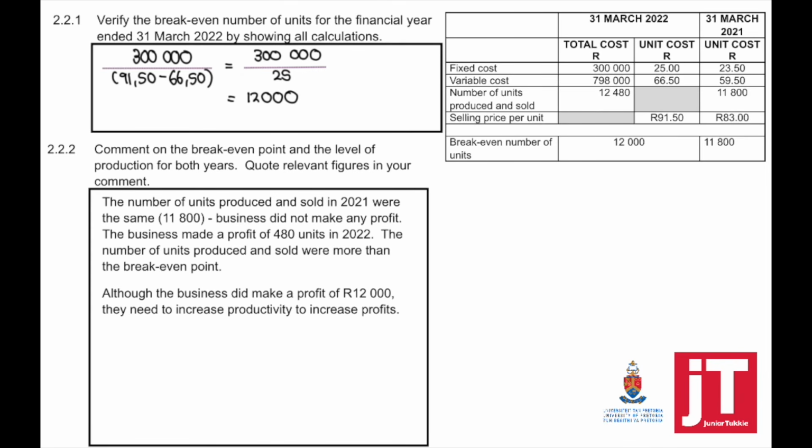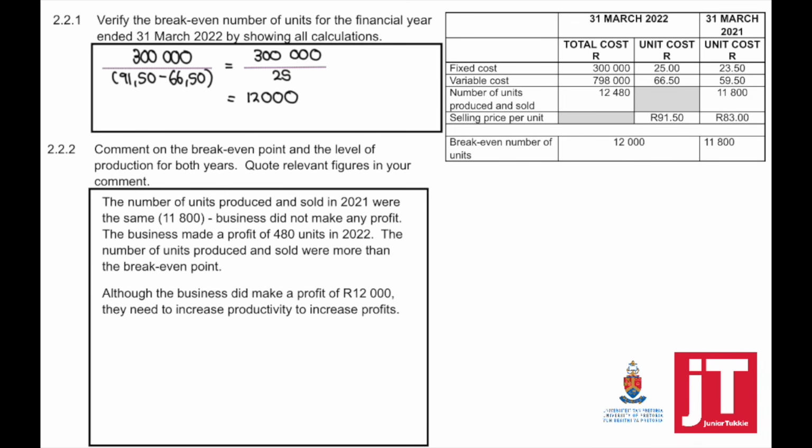So if we're starting with the number of units produced and sold. Last year, the number of units produced and sold was 11,800. And it was the same as the break even, which means that the business didn't make a profit, they didn't make a loss. They just managed to cover their cost.